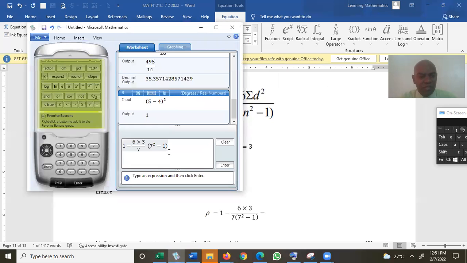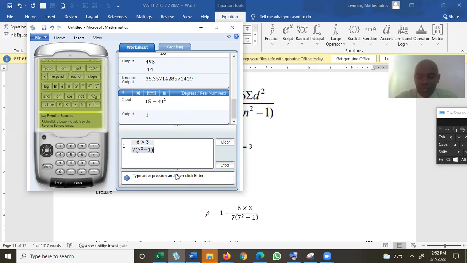It gives us a measure of the relationship. This is supposed to go in the denominator, right? This will be in the bracket. That's it. 1 minus 6 times 3, over 7, open bracket, 7 squared minus 1.